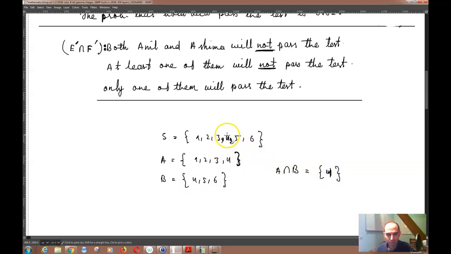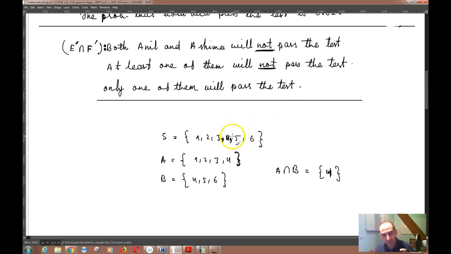which means that if this outcome occurs as a result of doing this experiment of throwing the dice, meaning that if you throw the dice and you get a 4, you can say that both of these events have occurred. Probably unconsciously, I already used the word both in the sentence that I just said.